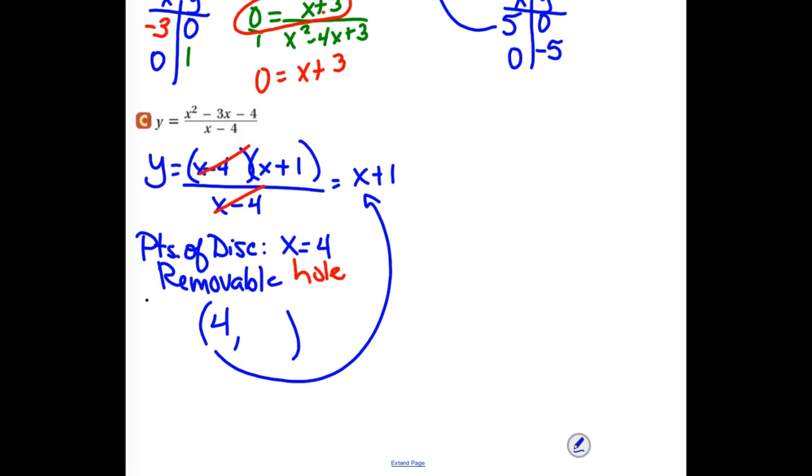It's not allowed in that one. It makes the denominator 0. But I can put it in the simplified version. What do I get if I put a 4 in for x? 5. So there would be a hole at the point 4, 5. All right, so I'd have a linear equation, right? I'd have a straight line, y-intercept of 1, slope of 1, with a hole.